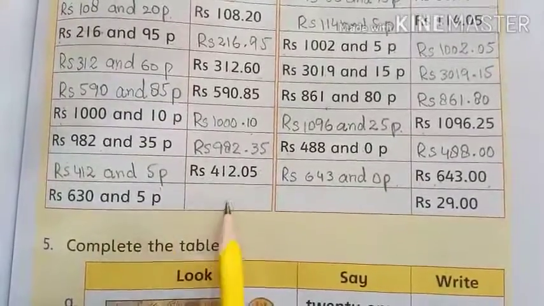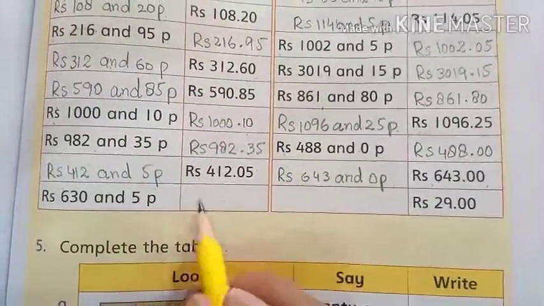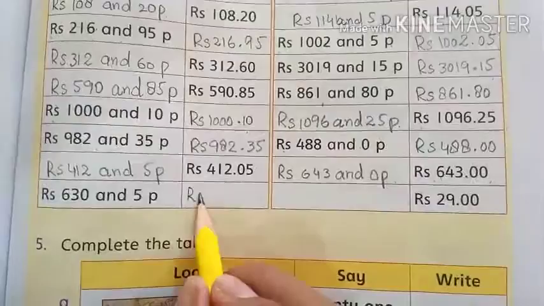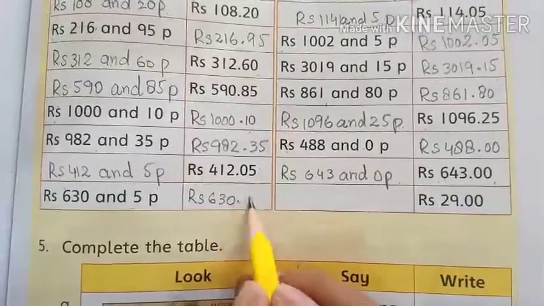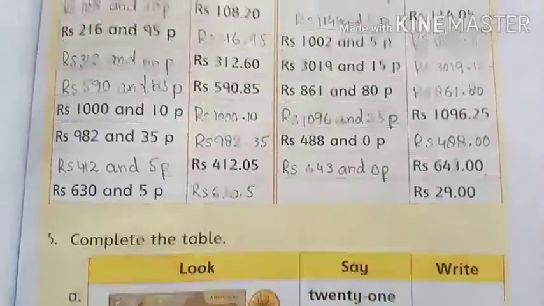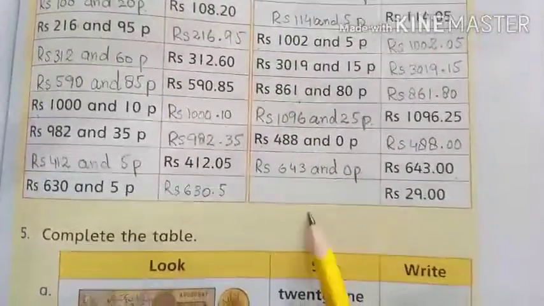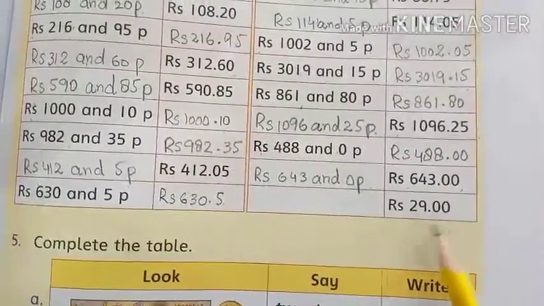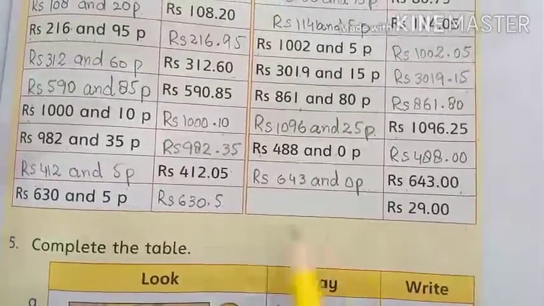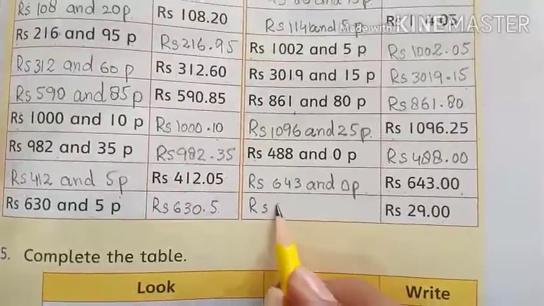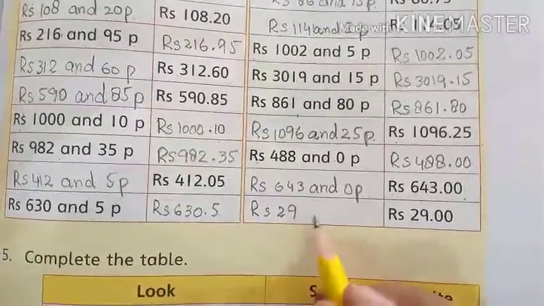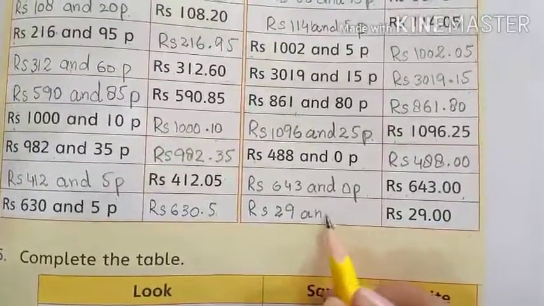We have to write in the short form. We will write like this: rupees 630.5. Okay students, the next and last one is in short form. As we have to write in the long form, we will write like this: rupees 29 and 0 paise.